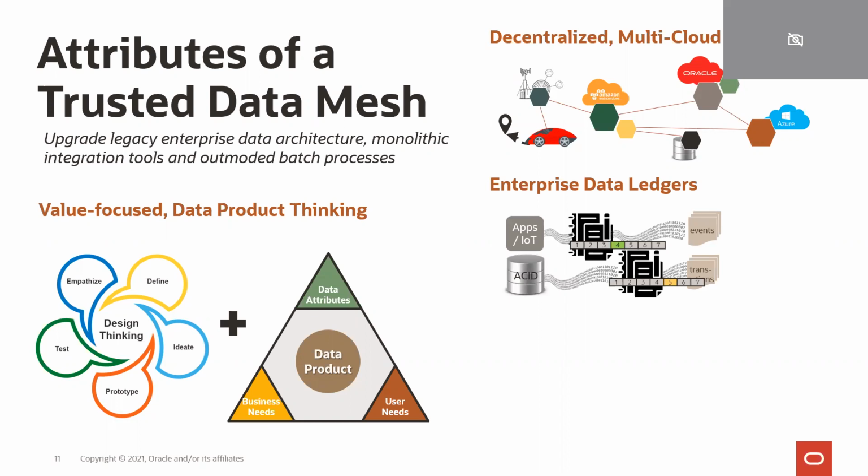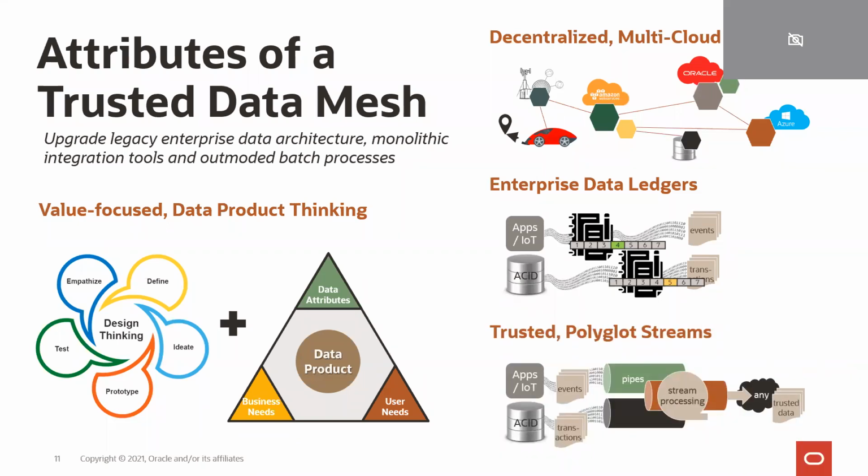These have to do with the events and movement of data, whether they come from something like Kafka, or have ACID consistency with transactions. So event ledgers have to be a big part of a data mesh architecture. And again, polyglot: something that's in multiple forms and shapes, whether IoT events or ACID transactions, they have to be in multiple formats where that format and shape is transparent to the user and the consumer.